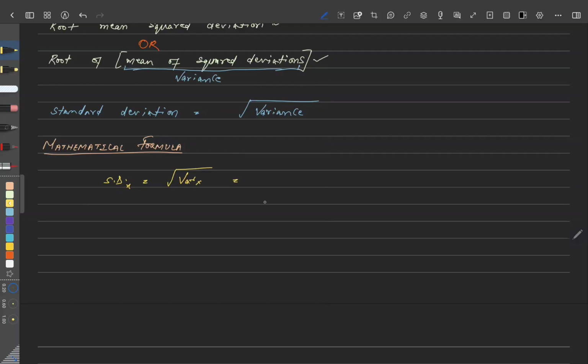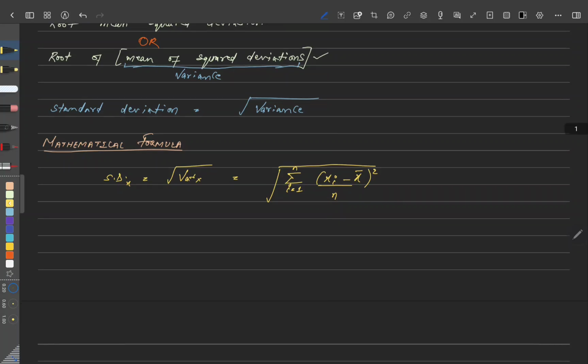So we take the square root of the summation from i equals 1 to n, where we are simply writing the formula of variance. So it is the square root of the summation of the squared deviations, and we find its average. That is also called sigma, which is standard deviation.